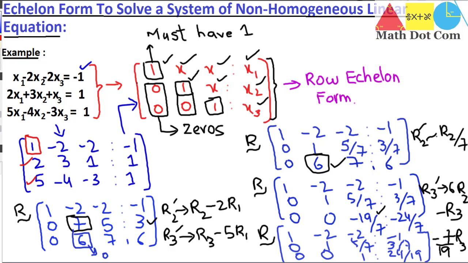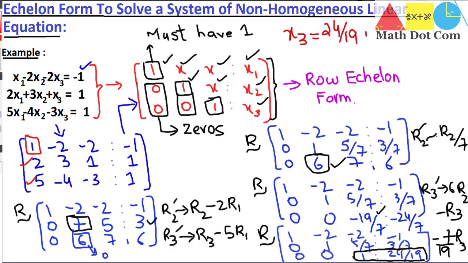Now how will we get the values of x1, x2 and x3 from here? It is obvious that in the last column we have got 1 and 24 by 19. That means we have the value of x3 equals 24 by 19. Then what about the second row?